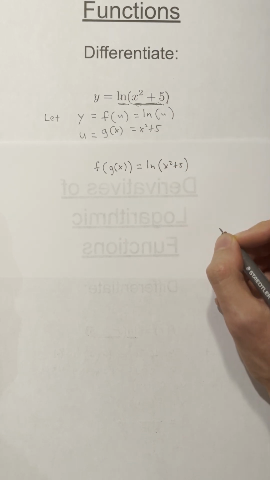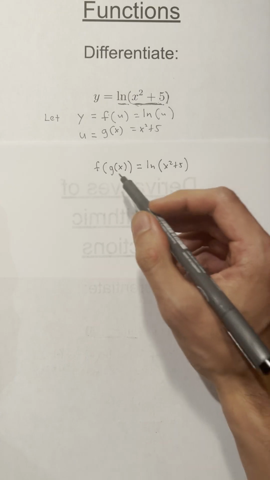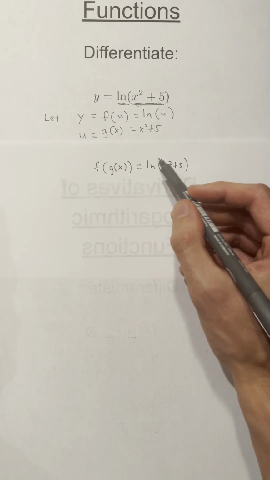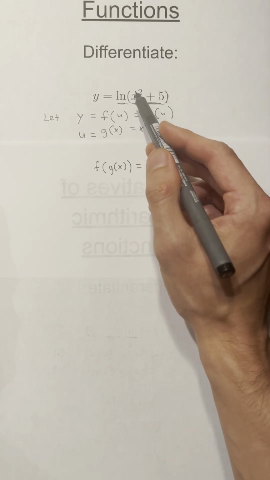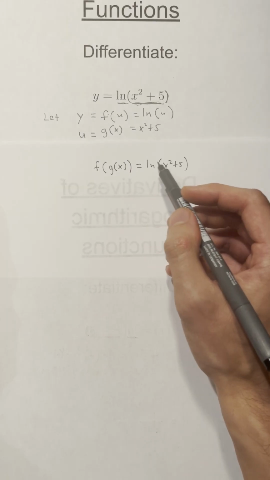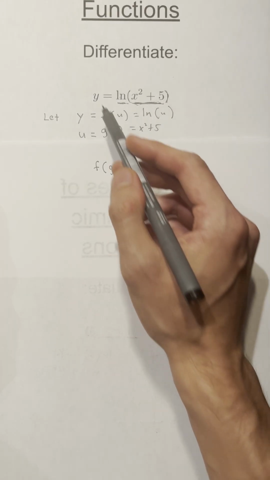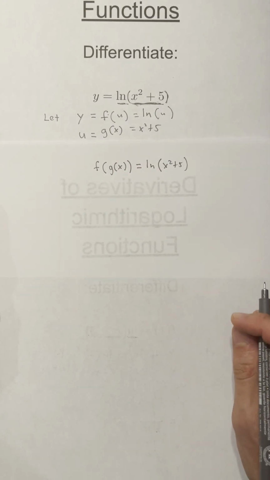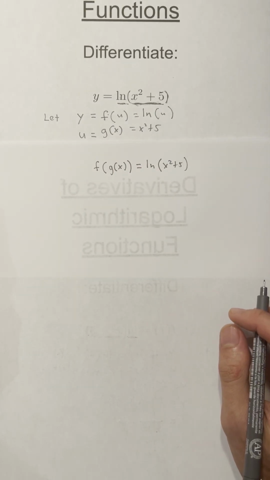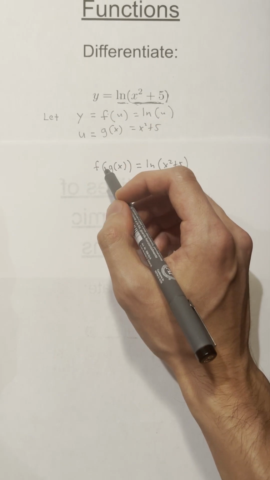So basically, we've got that this matches with this. Since this is the same as this, what can I say about this and this? So y is equal to this.